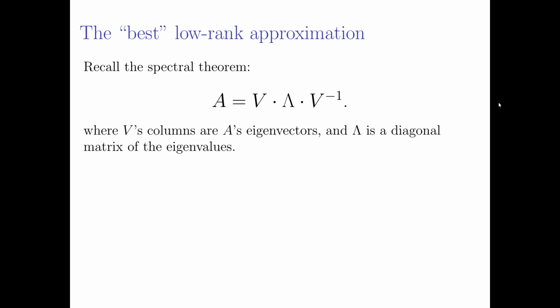Those three components are the eigenvectors, the eigenvalues in a diagonal matrix, which is otherwise zeros, and then the eigenvectors again, where we have to invert that matrix. So if you have a matrix that has all the eigenvectors as columns, and a diagonal matrix of the eigenvalues, each of which goes with the corresponding eigenvector, and then you have the inverse of the eigenvectors, the spectral theorem says that will be equal to A, okay?